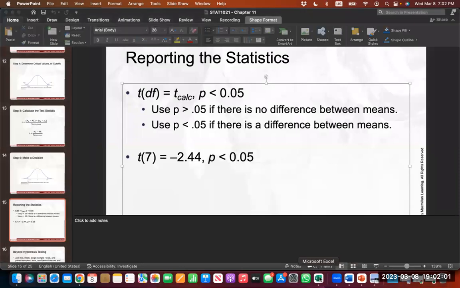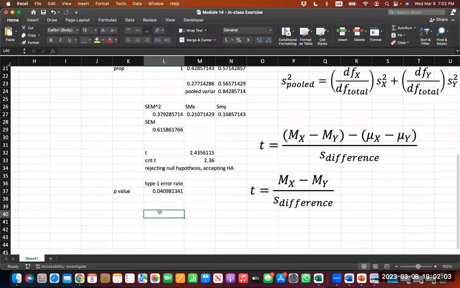So if you would report this, this would be a t of 7 translating into 2.44, with p smaller than 0.05.